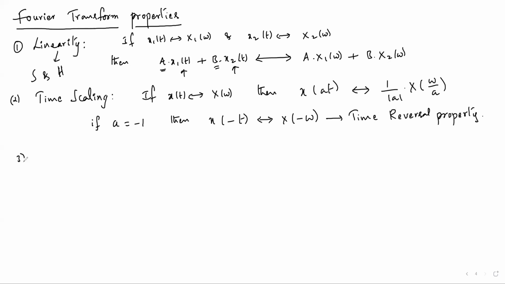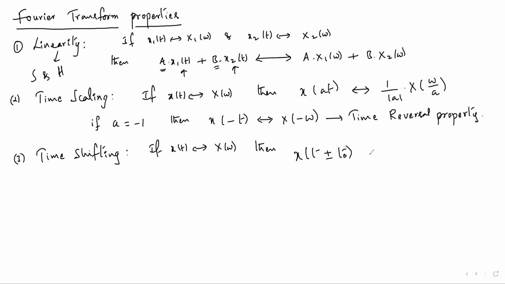Next, third one, time shifting property. Shifting in time domain. Simply, if x of t Fourier transform x of omega, then x of t plus or minus t naught Fourier transform is x of omega multiplied by e to the power of plus or minus j omega t naught.